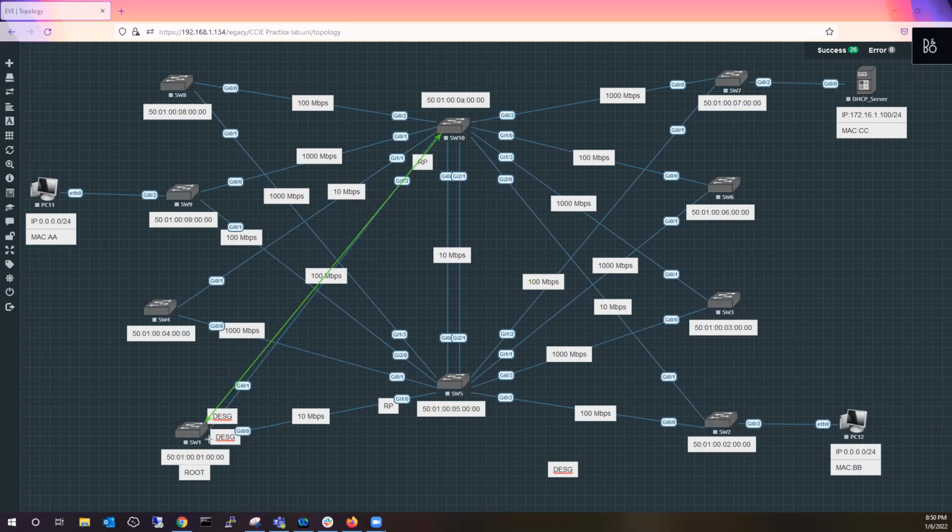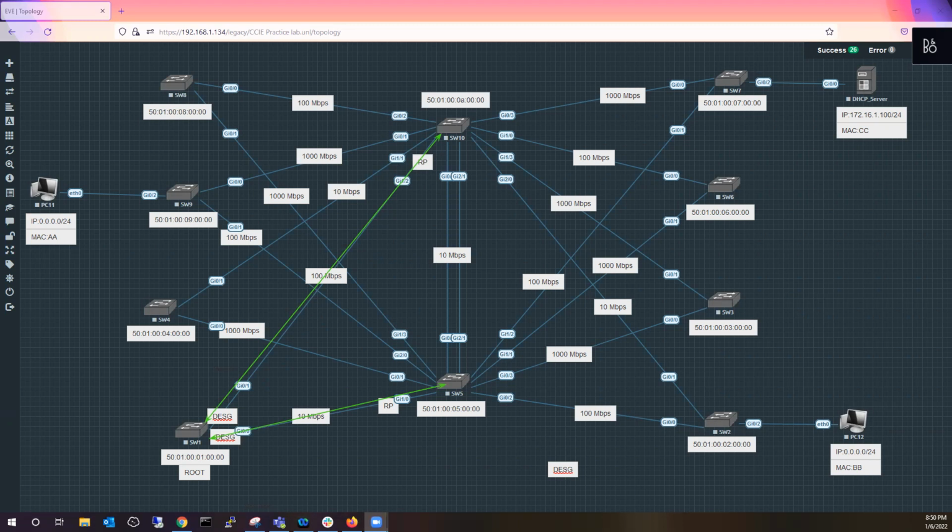So it's the lowest. It's similar to the other switch 10. These are the lowest. And then you gotta block. I was reading up on it that it's similar to the root, that it is the lowest cost to the root bridge.